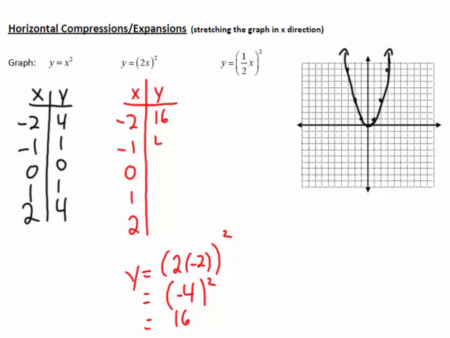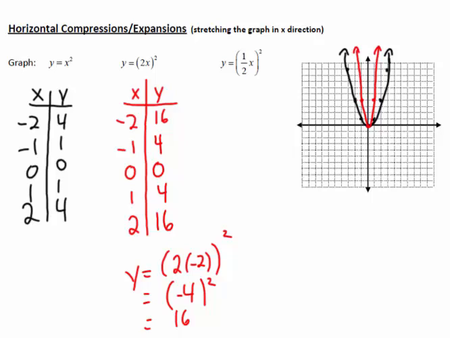Squaring that, we'll get 4. 0 doesn't change, and we get a pattern like so. So if we were to plot these points on the graph, we're still at 0, 0. Now we're at 1, 4, -1, 4, and the others are beyond the graph. So we get a graph that looks like so.